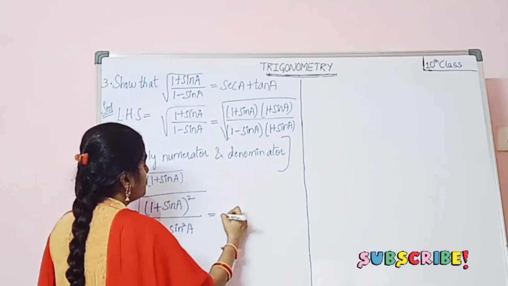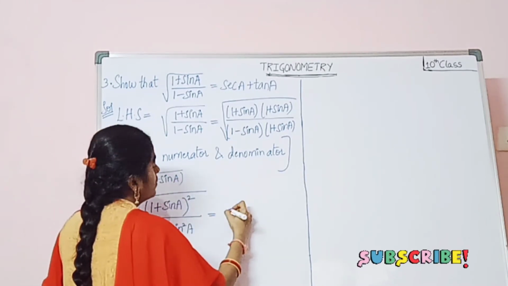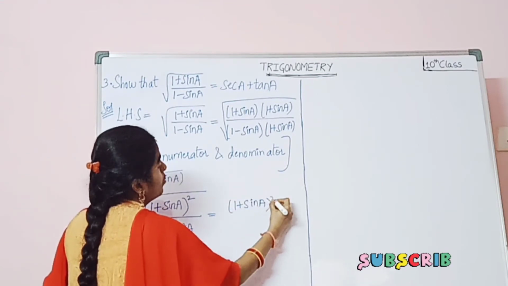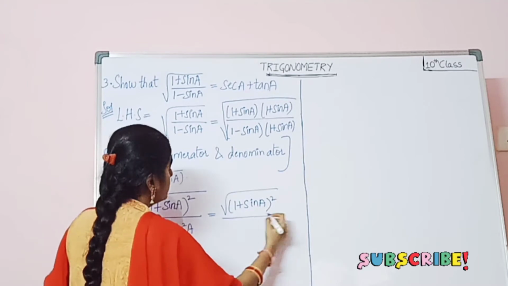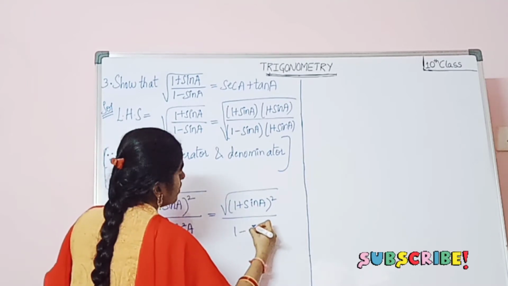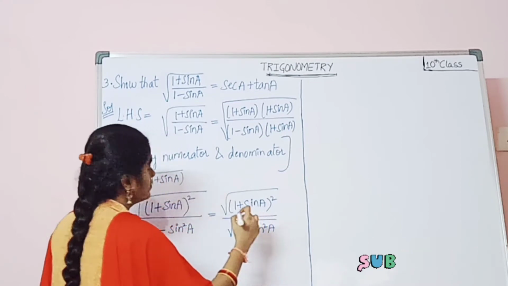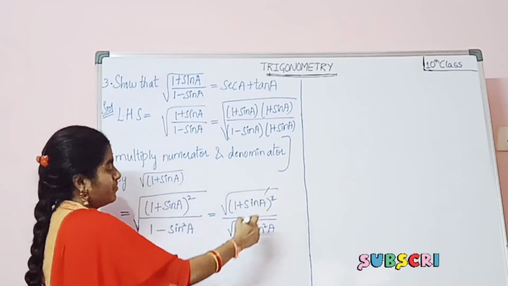Now we have to separate this root. 1 plus sin A whole square under root by 1 minus sin square A under root. This square root is cancelled.